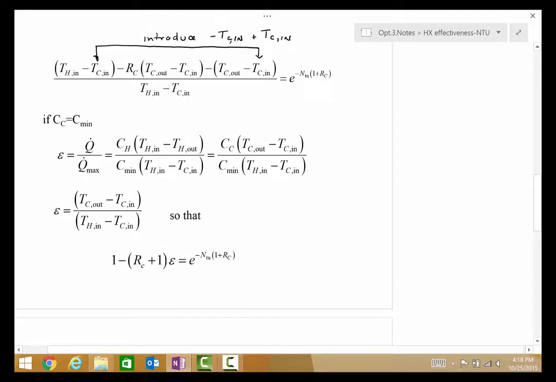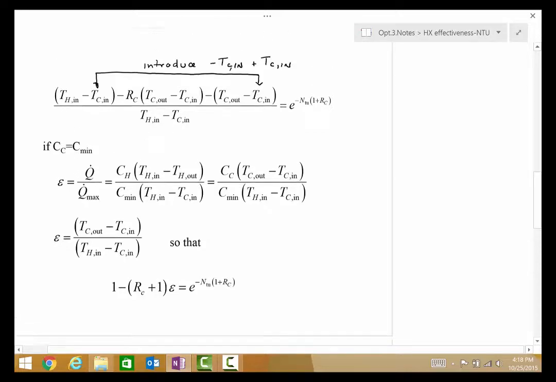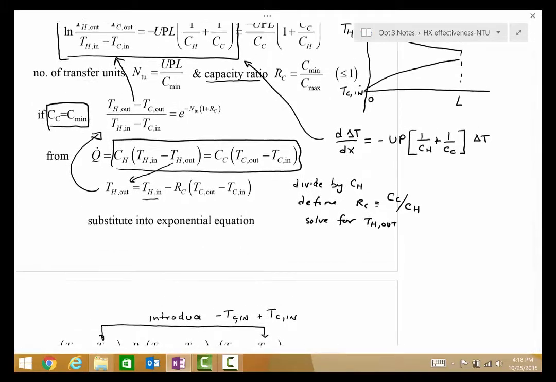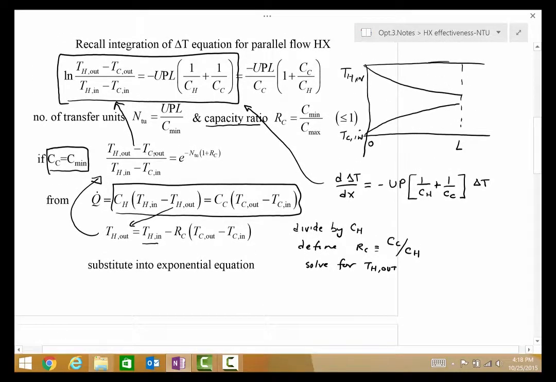But when we do this and we divide by THin minus TCin, we're back to this exponential equation. This exponential equation says TH out minus TC out over THin minus TCin is equal to the exponential of minus NTU times 1 plus RC.